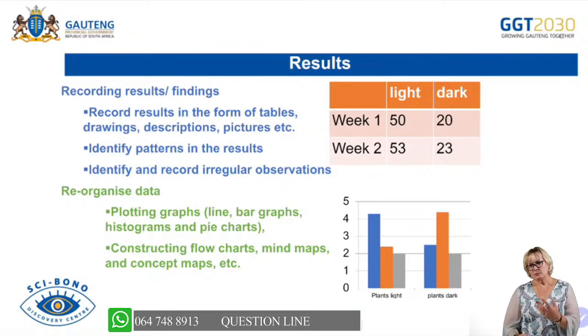Now let's get back to our bread mold. Let's say we want to test. Is it so that in hot or warm temperatures, bread mold is growing faster than in cold temperatures? So what results will we have? What will we look at? We might put bread slices in different places.